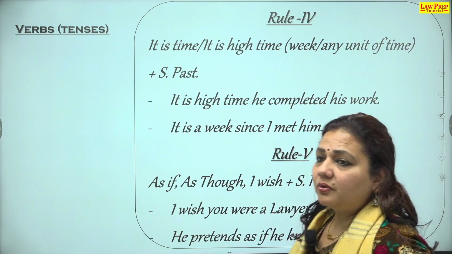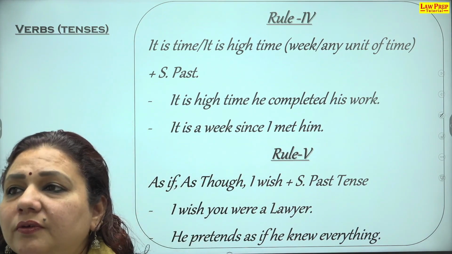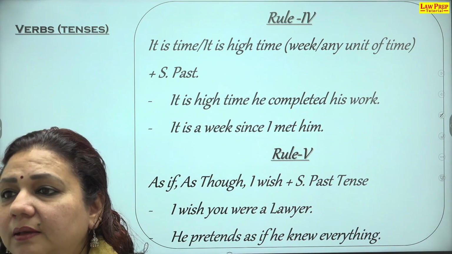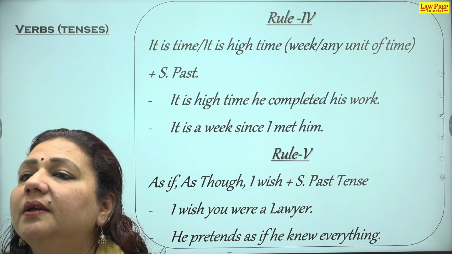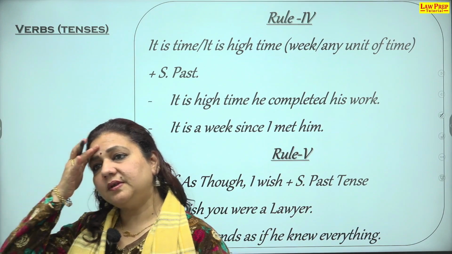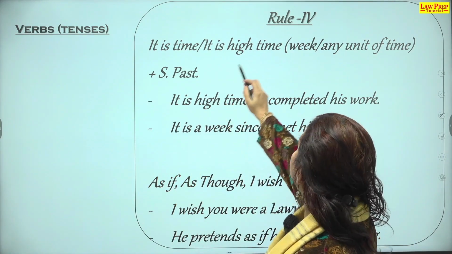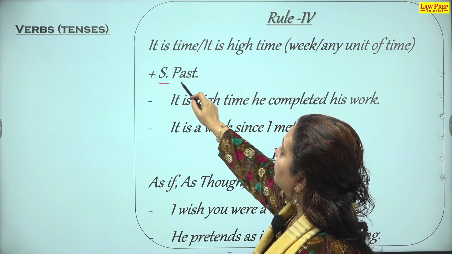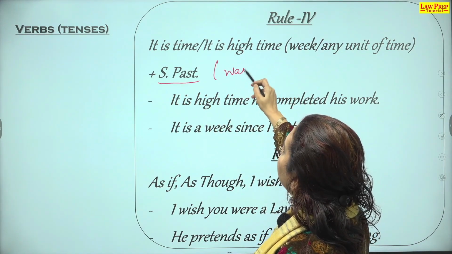Very important rule. Pull up your socks and focus on it. It is time, it is high time, as if, as though, I wish. All of these take one tense only. Which is that one tense? That one tense is clearly mentioned, first thing simple past, but it is to be kept in mind, was is never used.